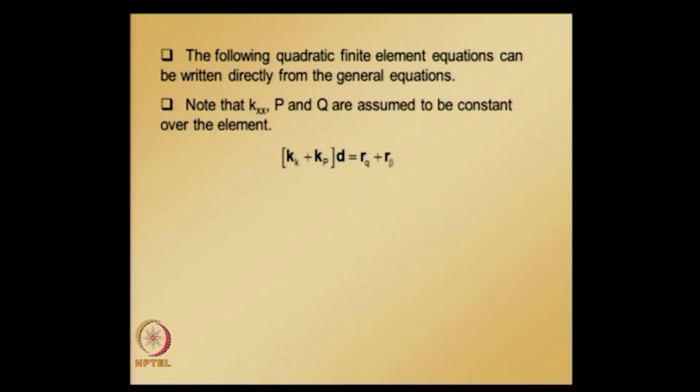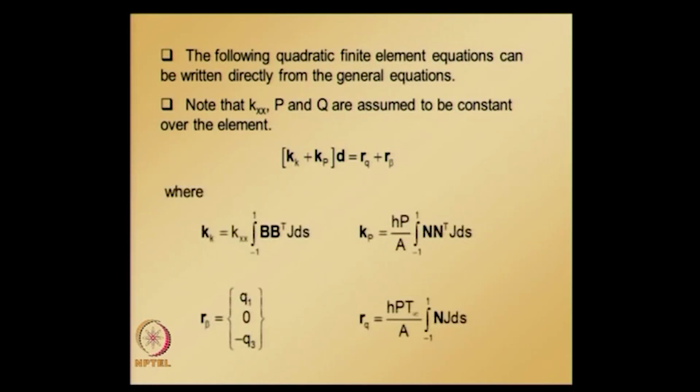Note that k_xx, p, q are assumed to be constant over the element, and the element equations for steady state heat conduction convection are these, where k, k, k, p, r, beta, r, q are defined.